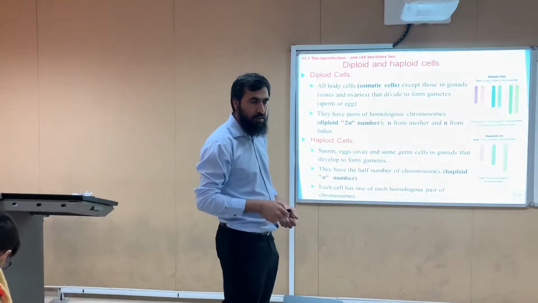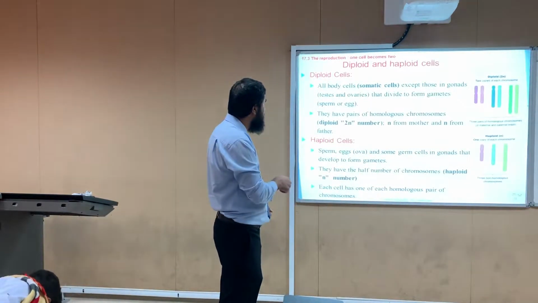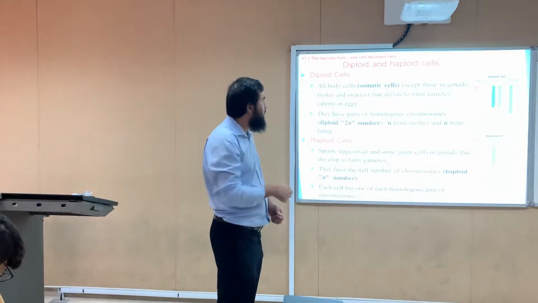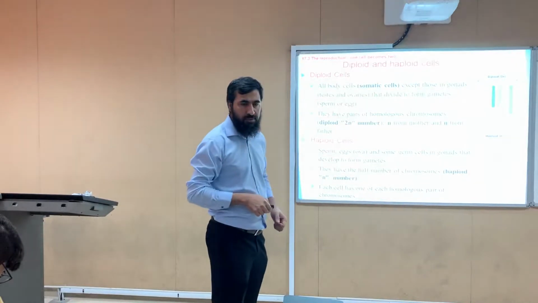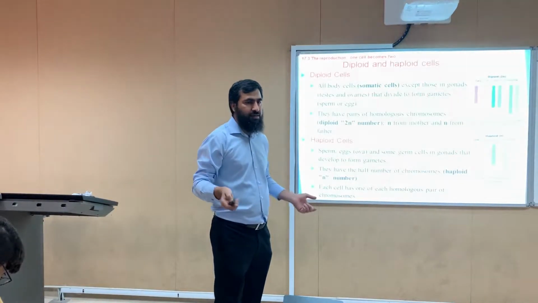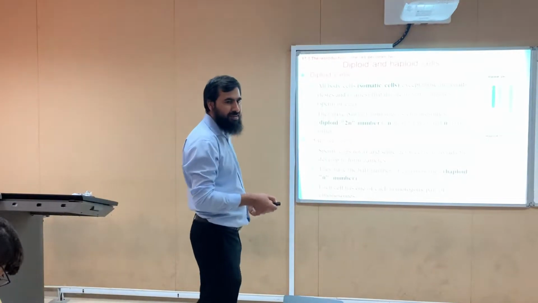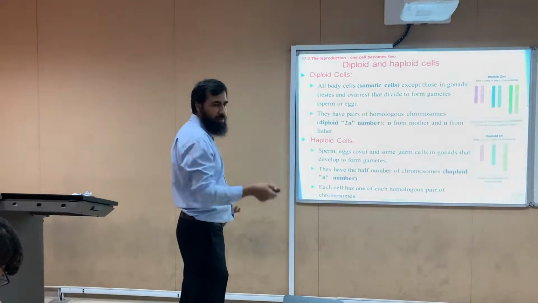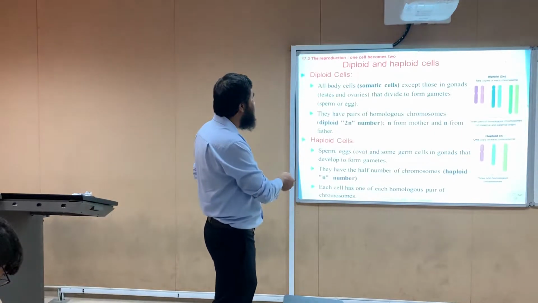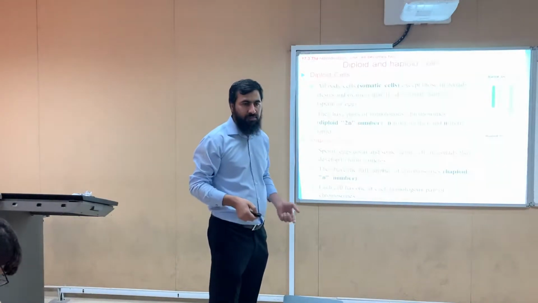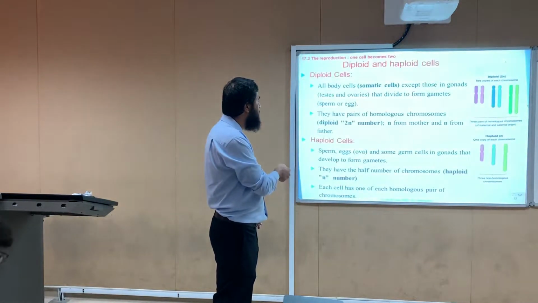Testes is the organ where the sperm is made, and it's plural for testicle. An egg is made in the ovaries. So this is the cell and this is the organ where it's made, okay?